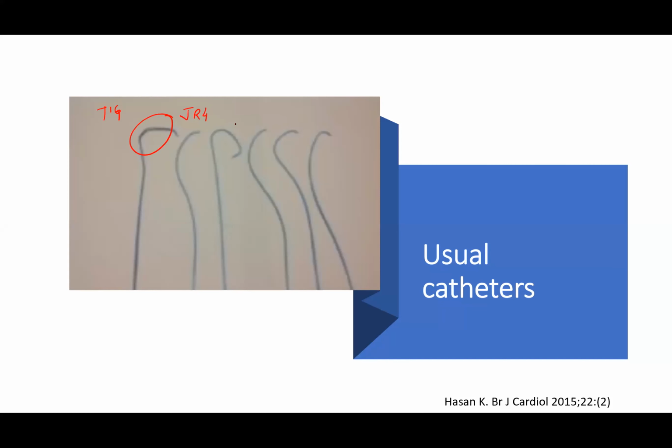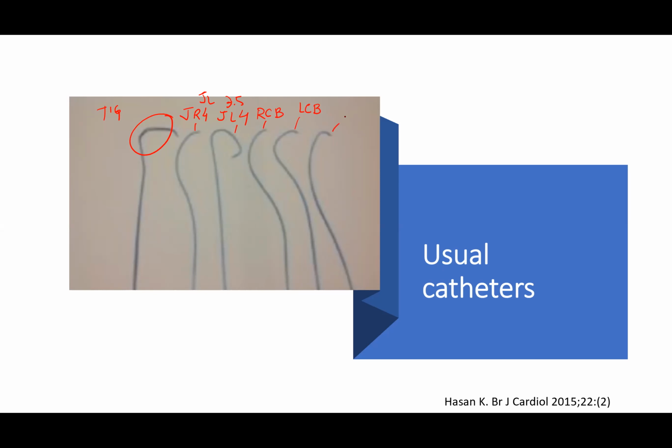This is the GL3.5 or GL4 catheter. This is the right coronary bypass catheter, and this is the left coronary bypass catheter.